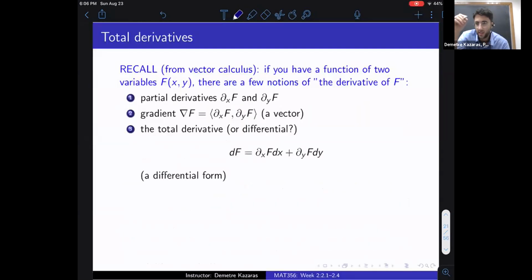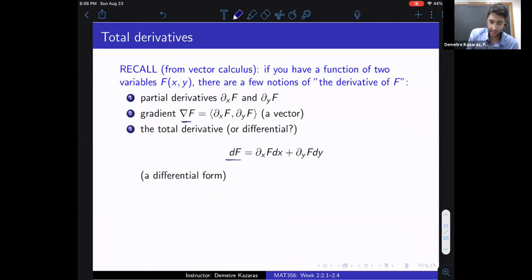And then the other one that was probably mentioned, or maybe not, depending on the class, is the total derivative or the differential of f. Again, just made up of the partial derivatives, but organized in a different way. It's usually denoted df instead of nabla f.